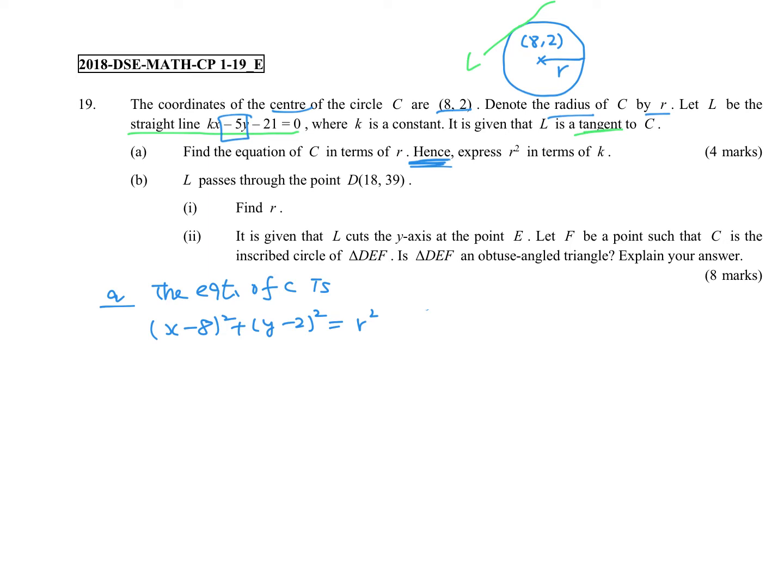I will try to multiply both sides by 25, regarding the equation of C. So that would be like this. So this is equation 1. And then 5y equals kx minus 21. So that will be equation 2. Okay, and now we'll try to put 2 into 1 to score another mark.